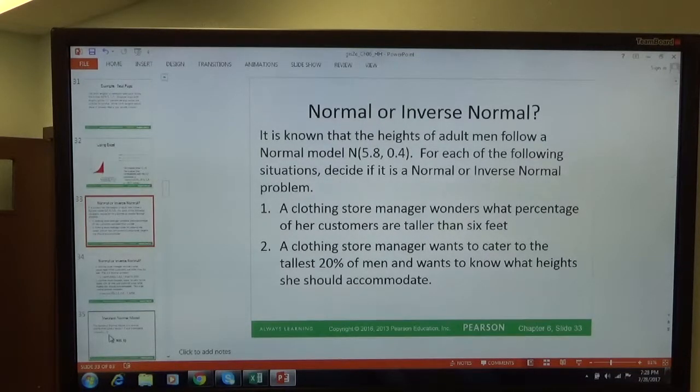So if we draw the 6 feet, in this case, we know the mean and standard deviation, 5.8 and 0.4.